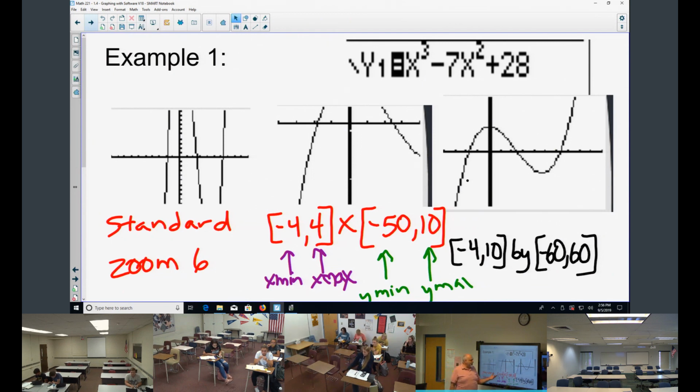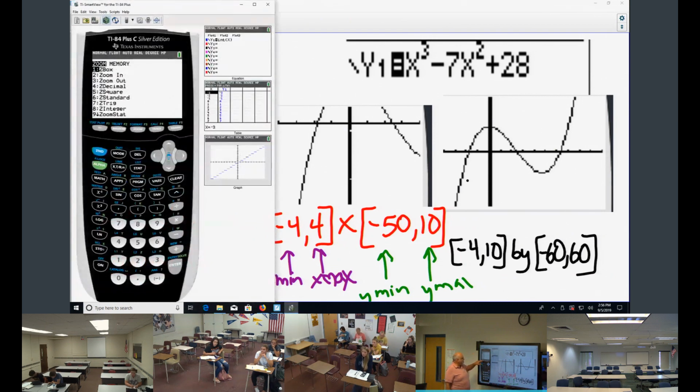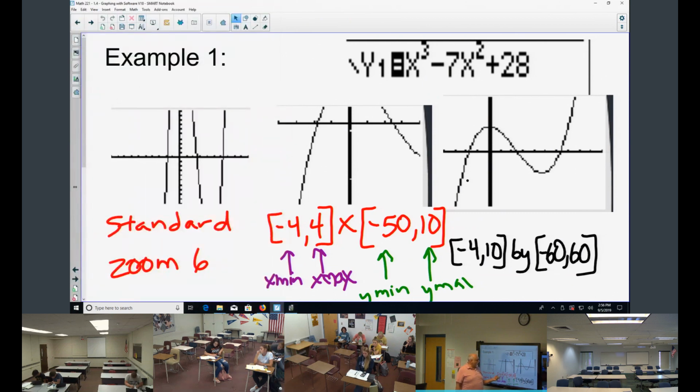Now if I want to change the viewing window, you just press window, and then you can change your X-min, X-max, Y-min, Y-max. So this is the standard viewing window from -10 to 10. Now, the way I've written it here, -4 by -50, 10. The way it works is that in the first interval, you're given the X-min and the X-max. The second interval is the Y-min and the Y-max.